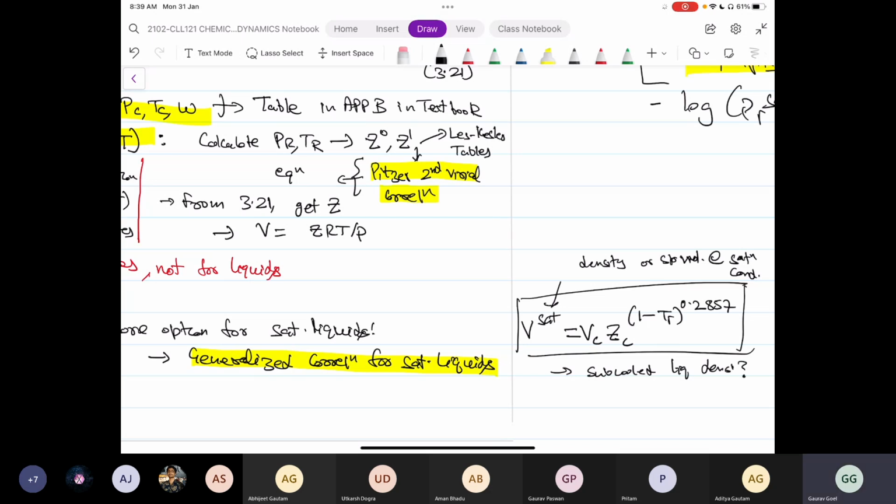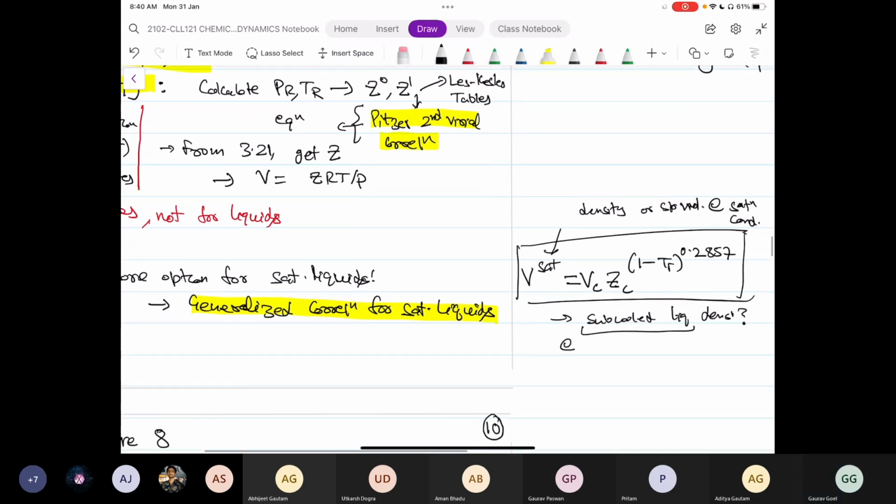How should I now go to subcooled liquid density? The most accurate way of doing this would be, let's say you have a subcooled liquid at some P and T. I know that liquid properties are a weak function of pressure.